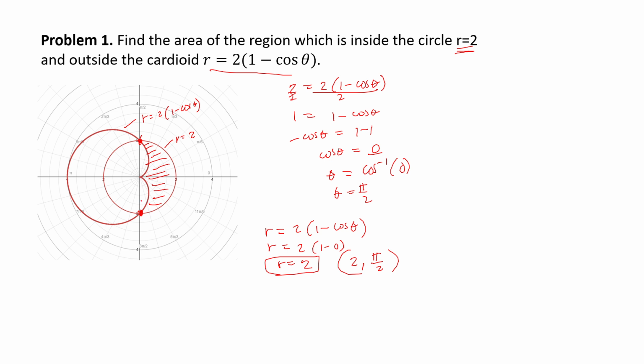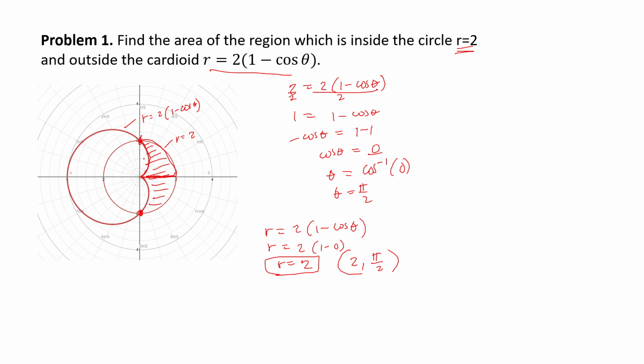Since this is symmetric, looking at the illustration, this part is symmetric to this part. So therefore, we could only get this one and multiply it by 2.